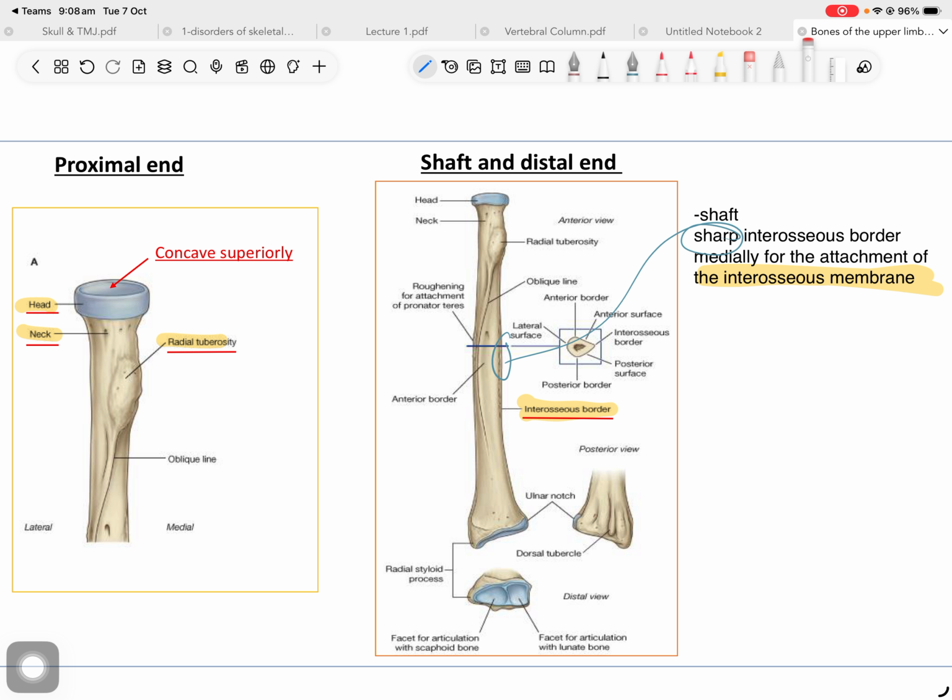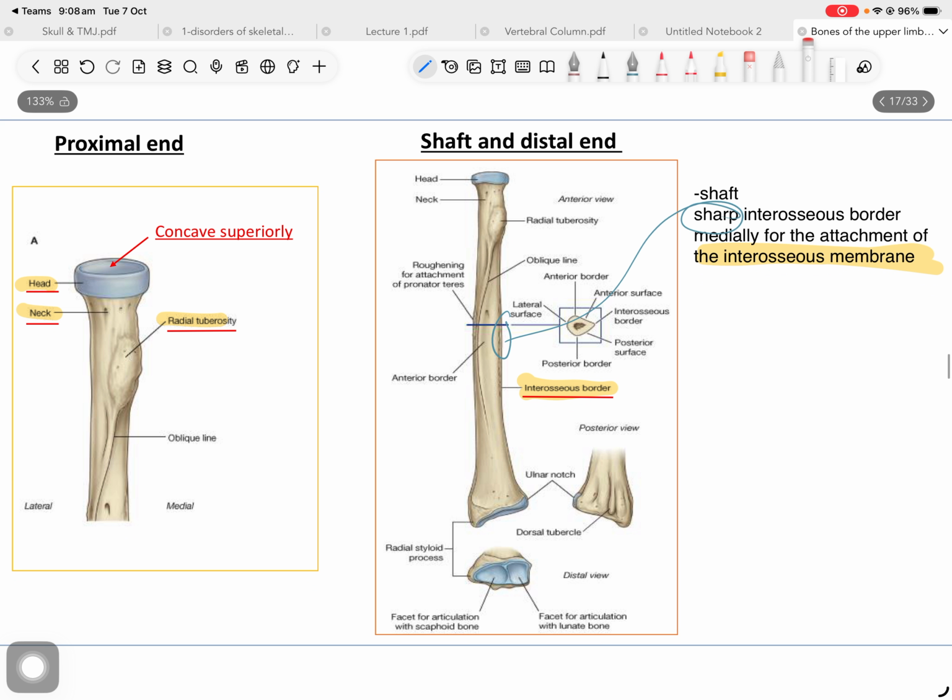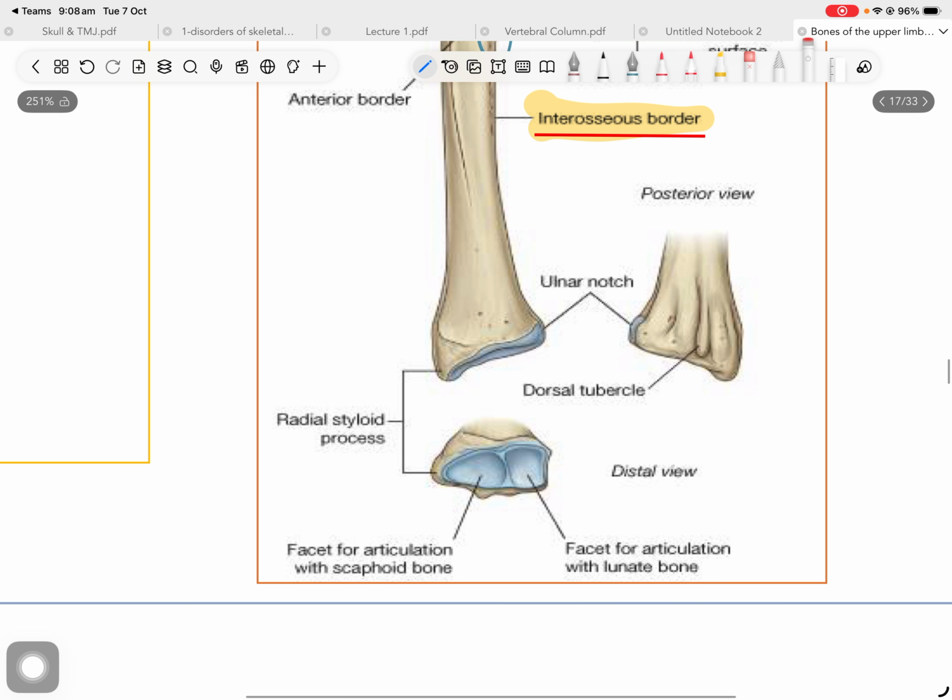What about the distal end here? When I look from below like this, I find two fossae here for the articulation with carpal bones. Laterally, I have the fossa for the scaphoid bone, and medially for the lunate bone.